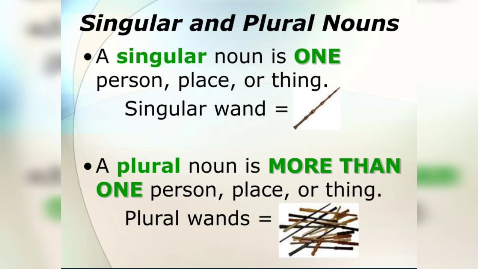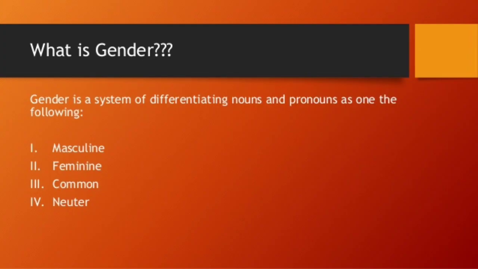And in the third video we have learned about gender. So noun is categorized into four types of gender, that is masculine, feminine, common, and neuter. You're all well aware about which characteristics fall in these four groups.